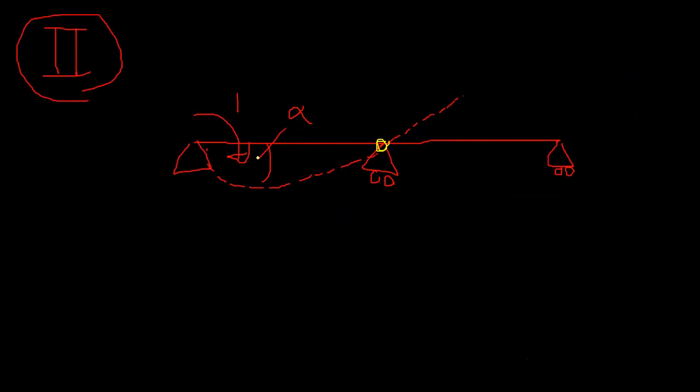So yes, the relative rotation of this is alpha. The relative rotation is clockwise compared to the original position. It has moved clockwise compared to this part. That I would say this is gamma, right?